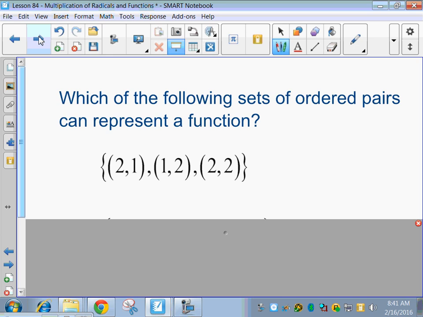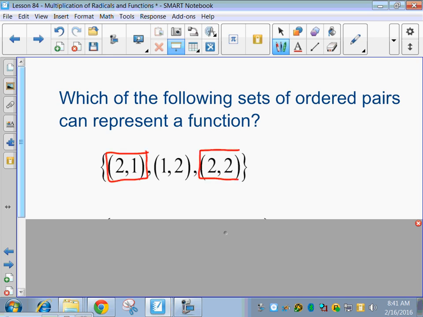Alex, what do you think? Not sure. What do you think, Nico? 2 has 2 outputs. Because 2 has 2 outputs, and they're different. Okay? So, what happens here? I plugged in 2, I got 1.